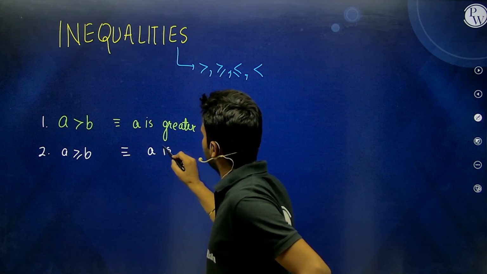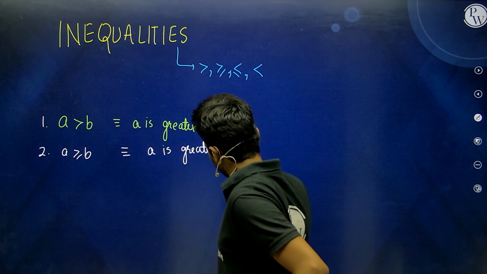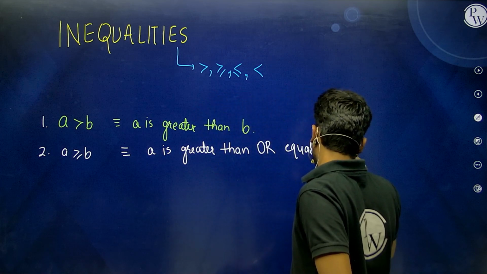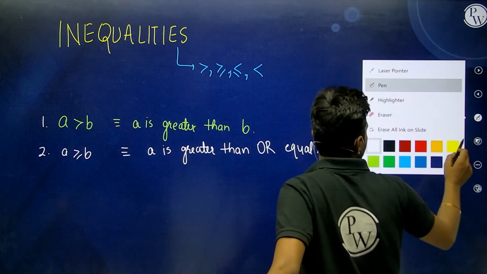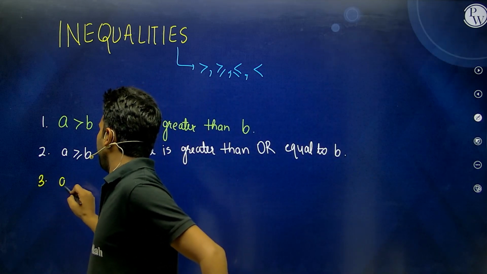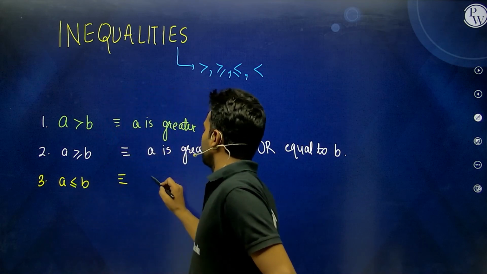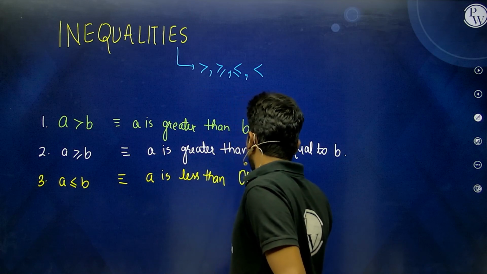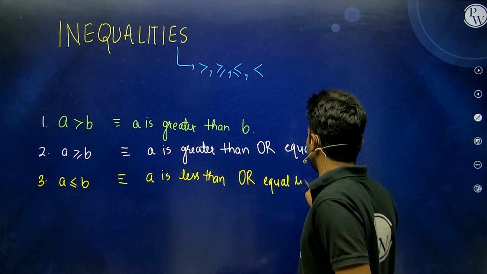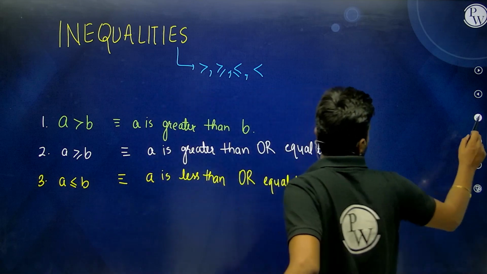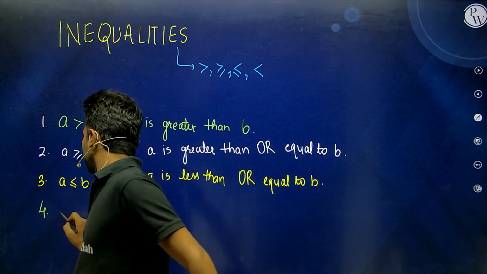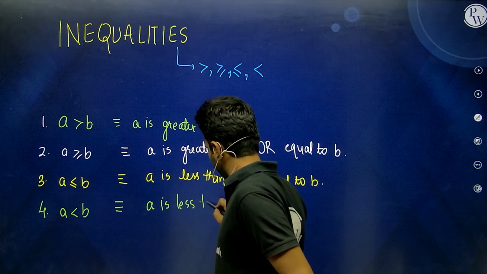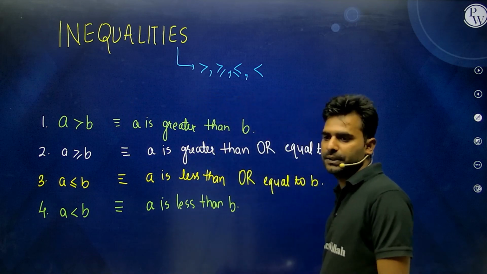A is greater than or equal to B. Third, if I give you something like this, we can say A is less than or equal to B. And if I give you something like this, we can read it as A is less than B. Anyone having any confusion in this? No confusion so far.